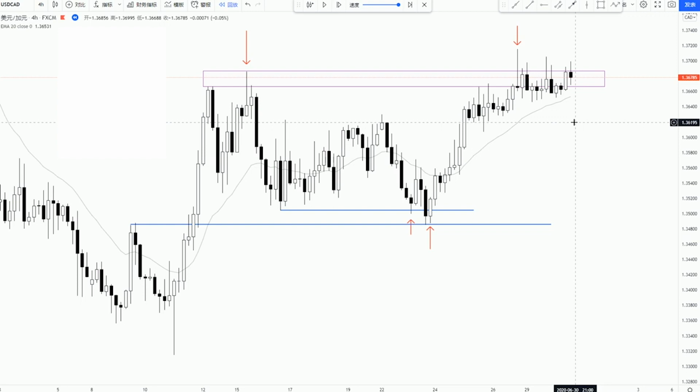Everyone should measure their own level. Take a look at this long shadow line to confirm the failure of the breakout, to confirm the selling pressure above, then this time you can directly short. It's not recommended because the K line is too long, like the signal K line is too long, and your stop is too far. For example, if you go in here and short, and the price doesn't break out, you're more than 50 points too far.